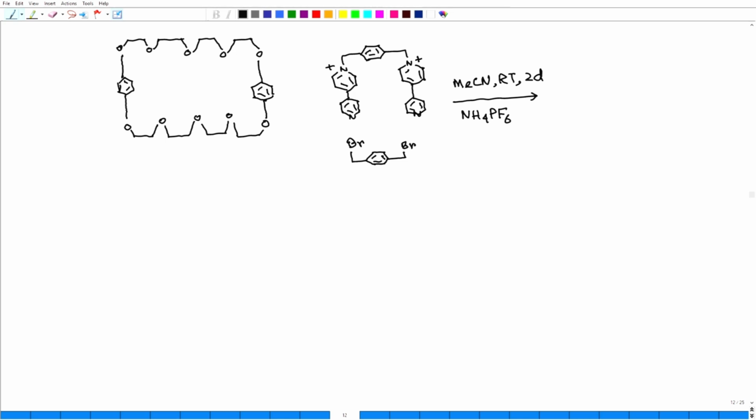This is 1 and this is 2, ammonium hexafluorophosphate in water, you add it. So what happens? You get this compound and then this binds here, it reacts and you form this particular compound.